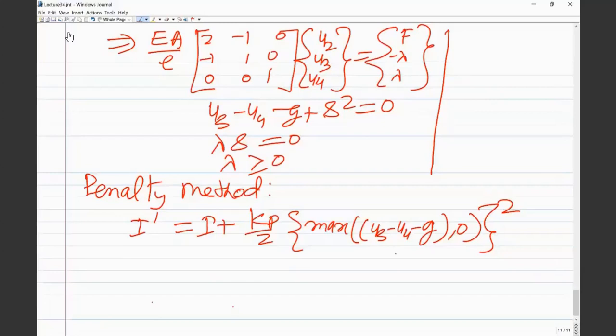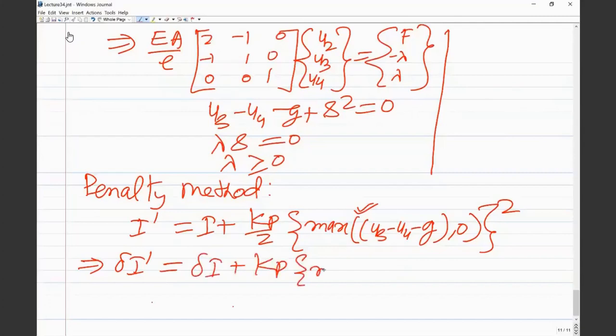As I said already, if u3 minus u4 minus g is less than or equal to 0, then no penalty is added in I, the total potential energy functional. But if u3 minus u4 minus g is greater than 0, then the inequality constraint is violated. So for that, we add a penalty term over here. So we write this equation like this. And then for equilibrium, delta I dash should be equal to 0, which would be equal to delta I plus Kp. Now Kp is a known penalty parameter.